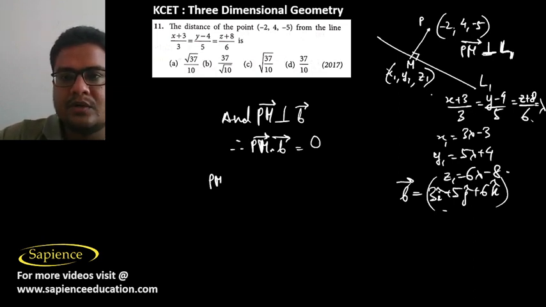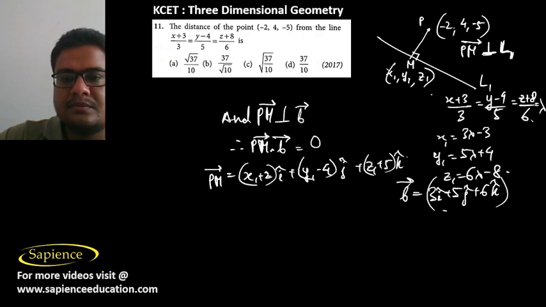So PM vector will be equal to x1 plus 2 i cap plus y1 minus 4 j cap plus z1 plus 5 k cap.